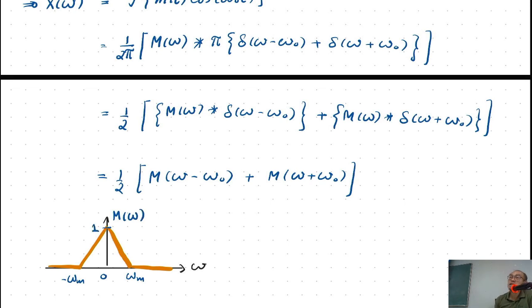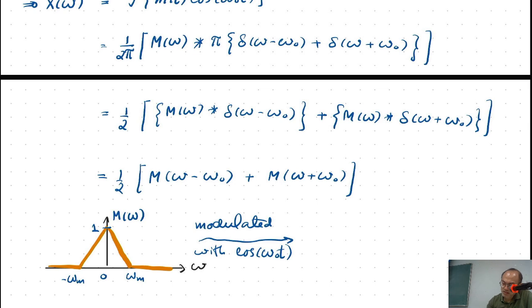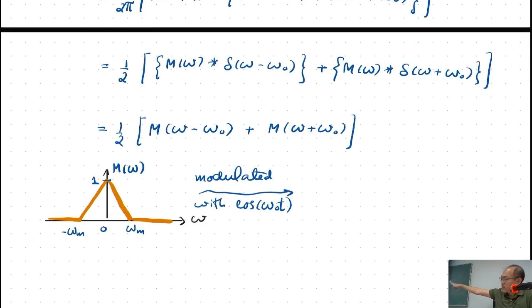Now, if we modulate this function with cosine at omega 0, then the resultant spectrum will be this spectrum shifted to the right and shifted to the left. You take half of it and shift it to the right, and the other half shifted to the left. Let me write it down for you so that you can see.